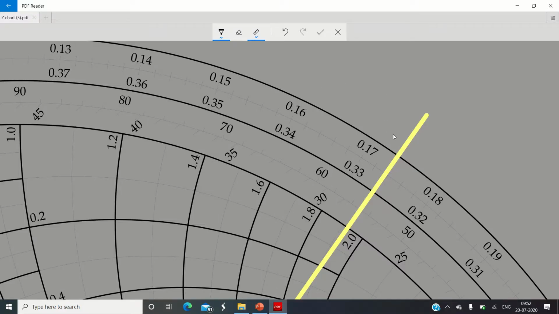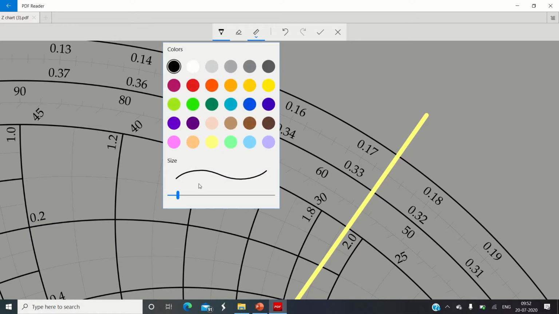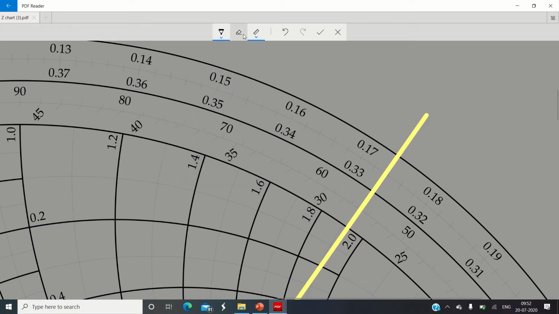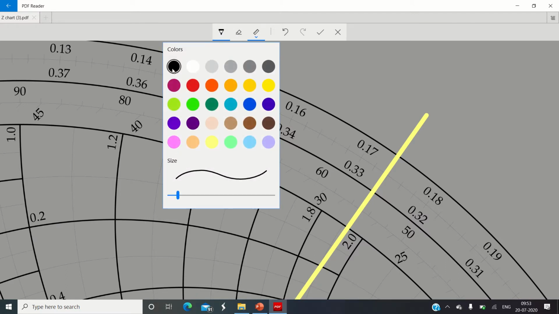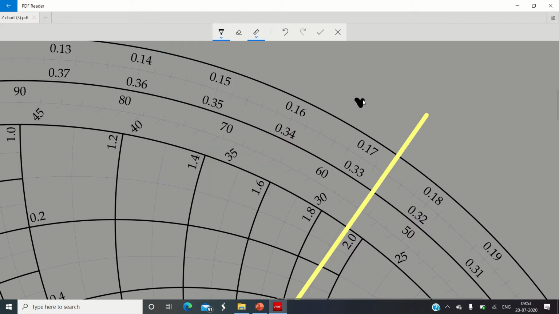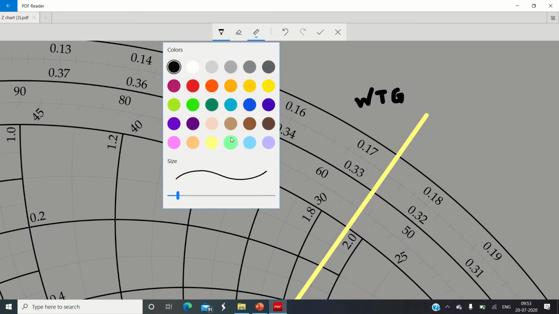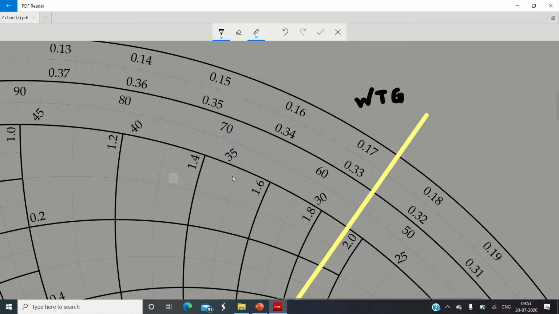Here I will write the WTG value. What value of WTG did I get here? I got 0.173 lambda.